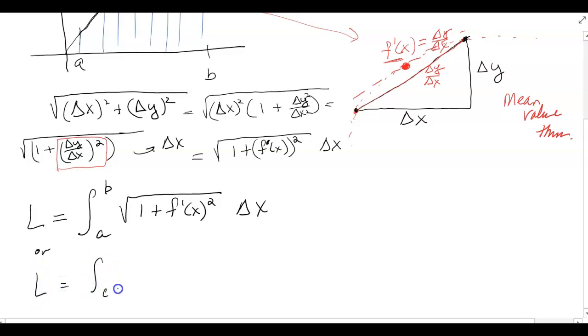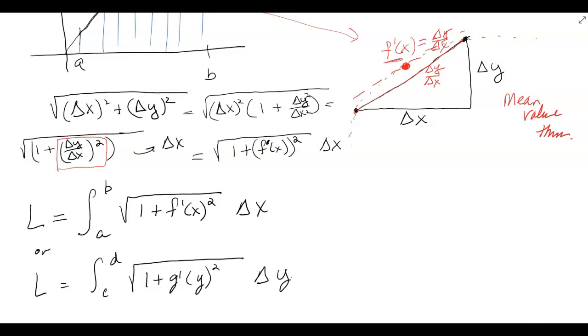So you can also do this with your function solved for x equals, which would be, we won't use f, we'll use g in this case, the integral of the square root of 1 plus g prime of y squared, dy. So again, some functions are easier to write as x equals, other functions are easier to write as y equals. So you can use either one and differentiate with respect to x or with respect to y. But for the most part, just get the general idea.